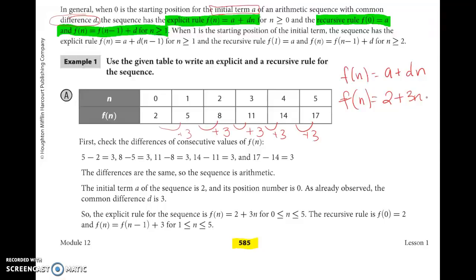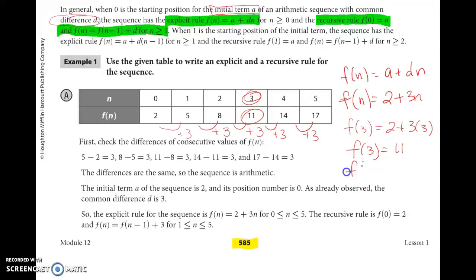So think about this. If I wanted to find my third term, I could plug in 3 here, and I would get f of 3 equals 2 plus 3 times 3, which is 9 plus 2. So my third term is 11. Hey, that's true.